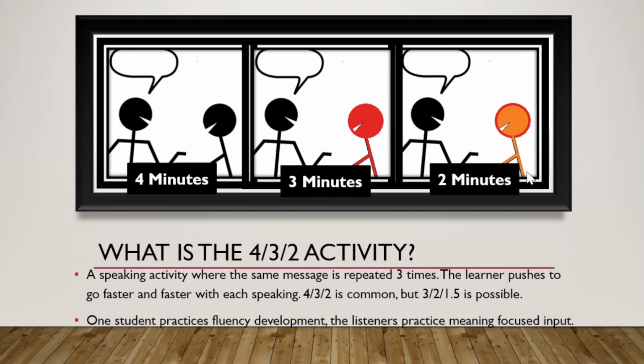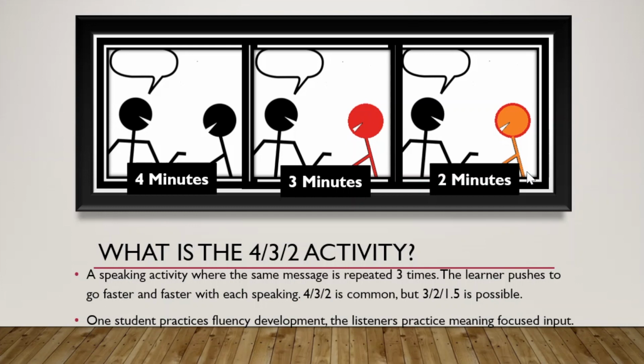The speaker, however, is speaking about a topic and repeats that same topic 3 times, but has less time for each speaking. First you speak about a topic for 4 minutes.